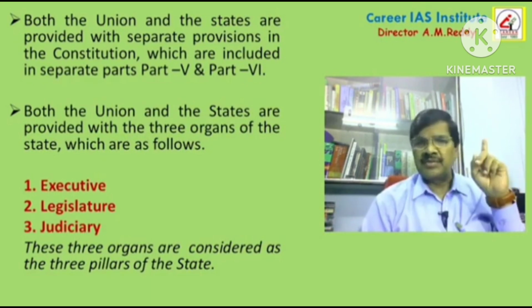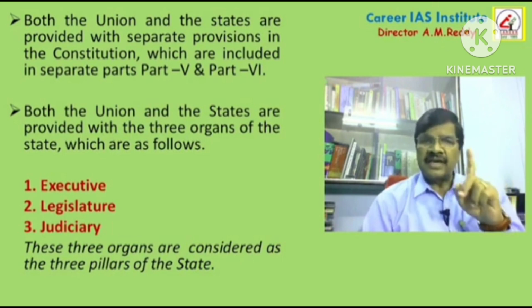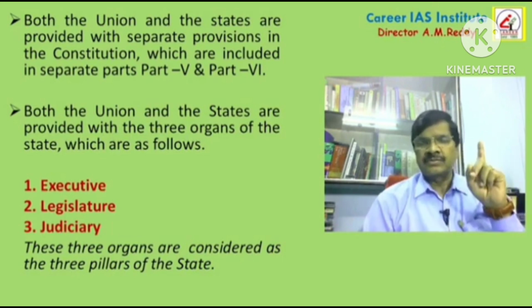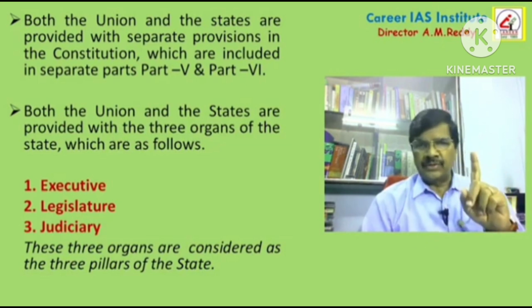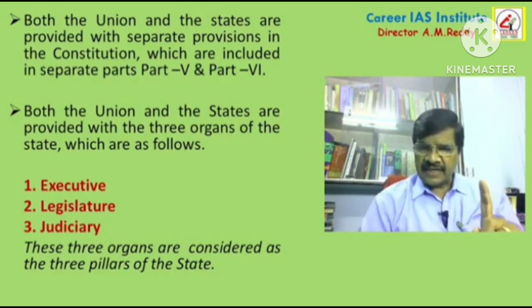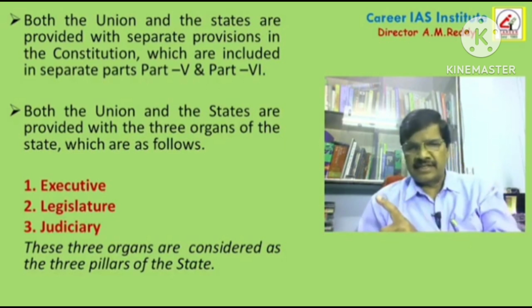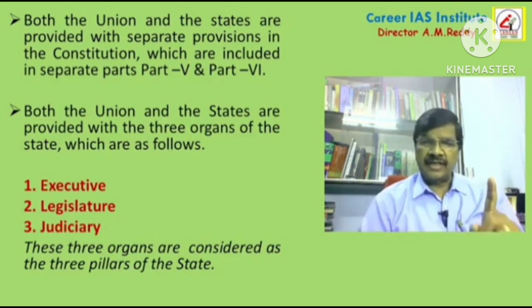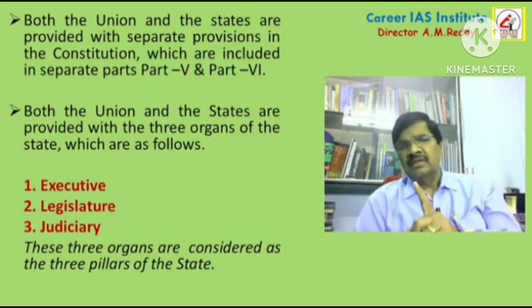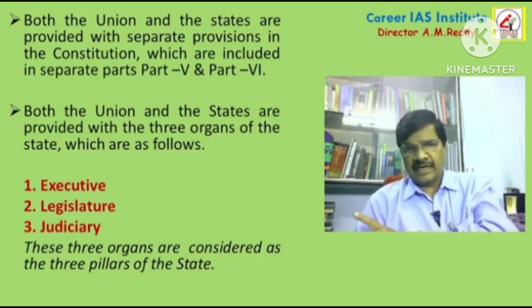Always you must remember this. The three organs are as follows: the executive, meaning union executive and state executive; the legislature, the union legislature, that is parliament, and the state legislatures; the judiciary, the Supreme Court and high courts and other courts at the state level.